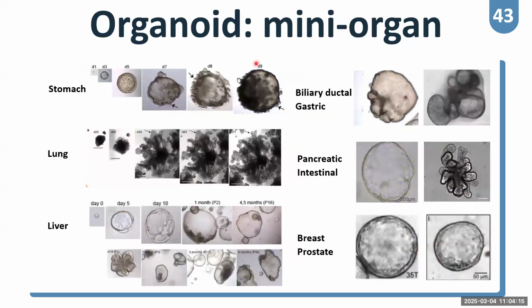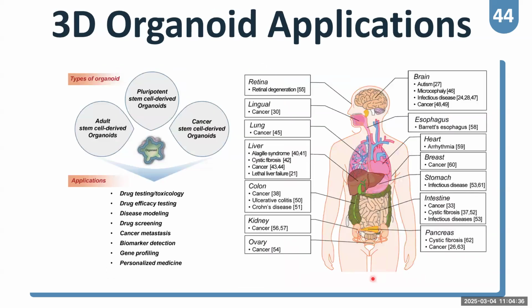And okay, I mentioned to you different organs, different organoid structures. For example, the lung, you see like this, or the breast cancer or the liver cancer. You have to get different shapes of the cancer organoid. Okay, and as I mentioned, now the reports about 3D organoids come from several organs.